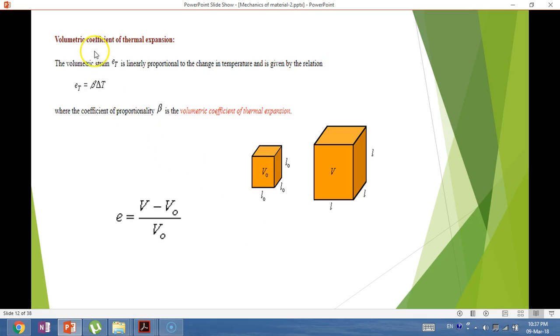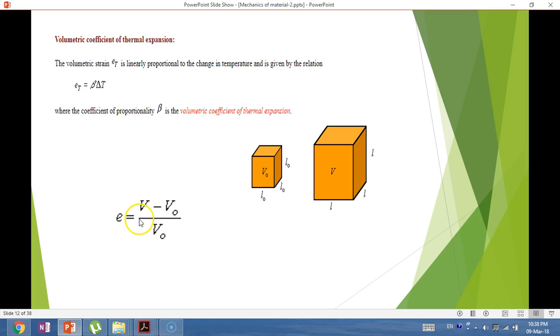There is also the volumetric coefficient of thermal expansion. When there is a cube with all sides equal to L naught, and it is exposed to temperature, the length of each side increases and becomes L. So the volume as a result of the thermal expansion will increase and become V, while the original volume was V naught.